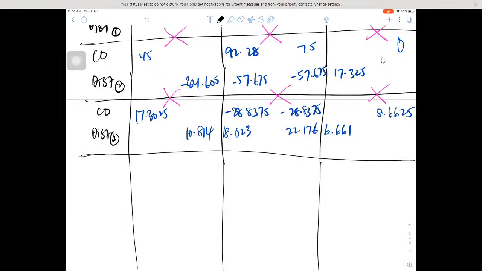Okay, we continue. Next one is carry over, then distribution number 4.